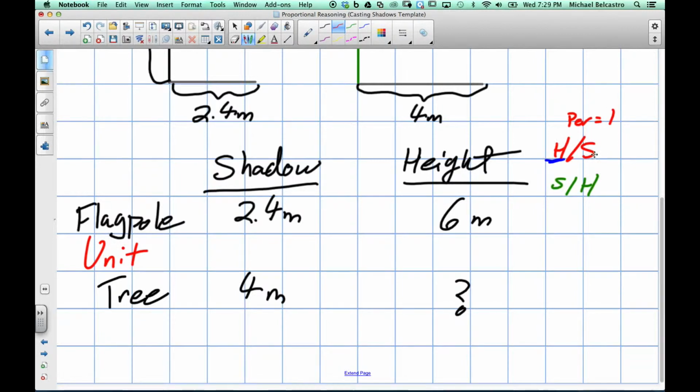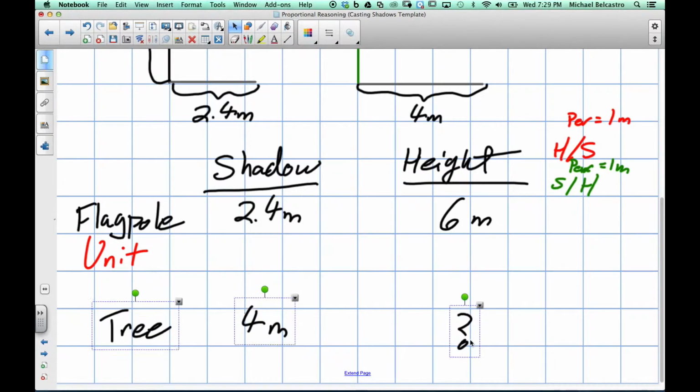So height per shadow, and really what we're talking about is the height per meter that the shadow is, so we want to know per meter. Or we could do the opposite relationship down here, the shadow per height in meters, per being 1 again. So the shadow per 1 meter in height of the object. So we're going to build the 2 unit rates. And actually, again, I'll move this down.